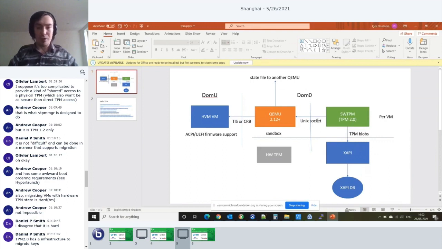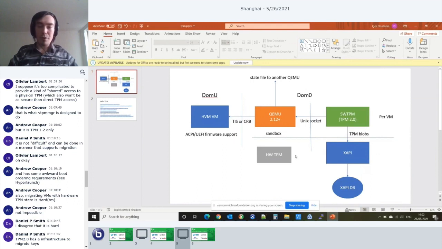But there are questions of scalability and how this is all going to be integrated. We are currently in a design phase for the integration of SWTPM and XAPI tools. SWTPM, as you can see, runs for each VM individually, the same way as QEMU runs for each VM individually.